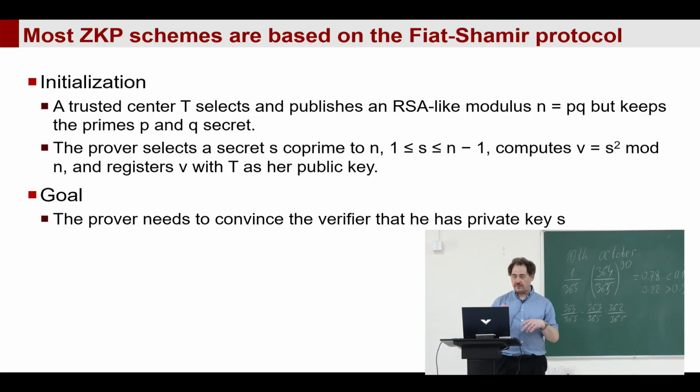You can think of it as an open ledger or blockchain. So the prover can put the public value v in the blockchain, open to everyone. Again, we know that it's a one-way function, so given v, we cannot easily calculate s. s is secret, v is public. Again, p and q are secret, s is secret, n is public and v is public.